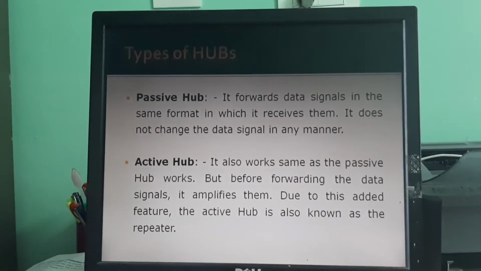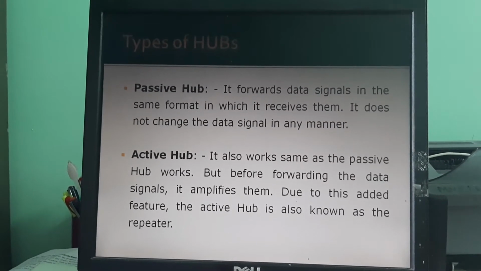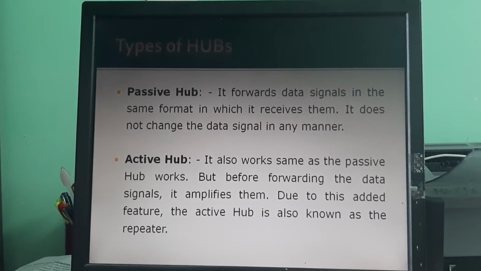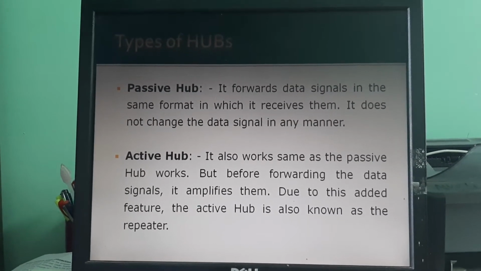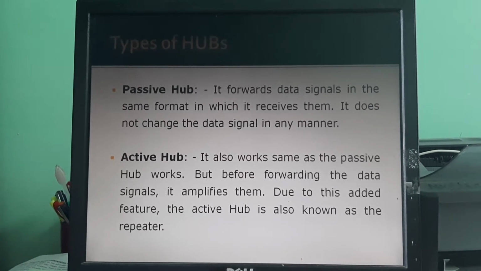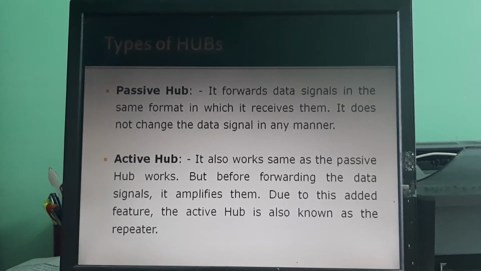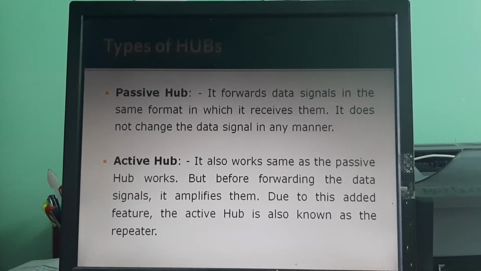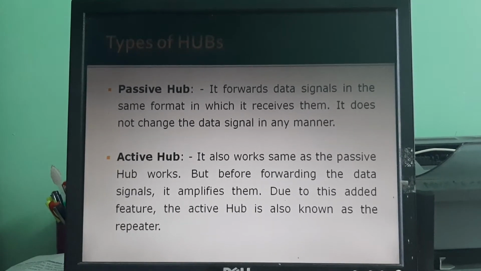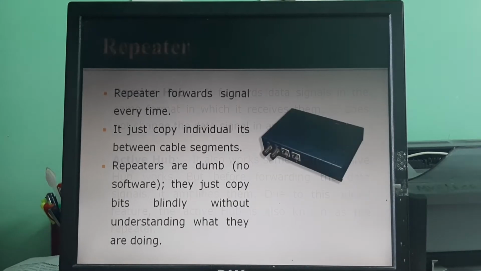Let us assume that the source device and the destination device are receiving and transmitting signals not in the same format, but in different formats. In such a case, we use these active hubs to convert the source signals into the required format that the destination is expecting. This is called an active hub. As I told you, an active hub is also called a repeater.